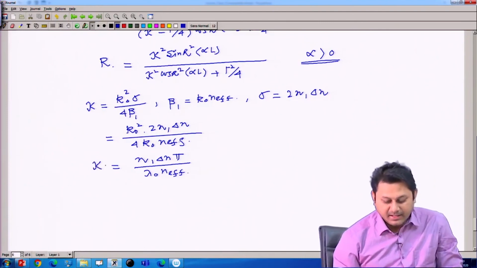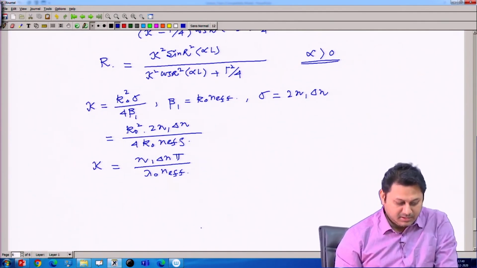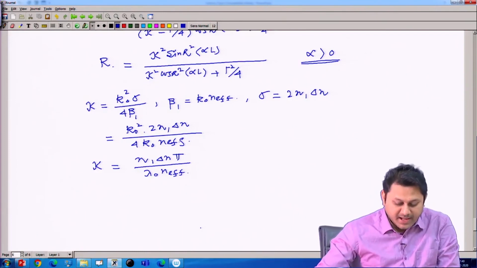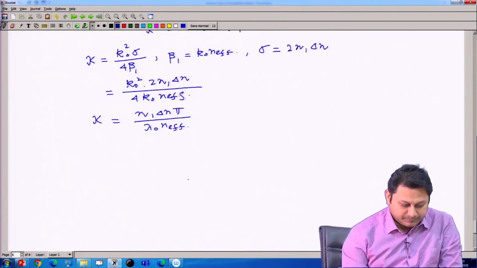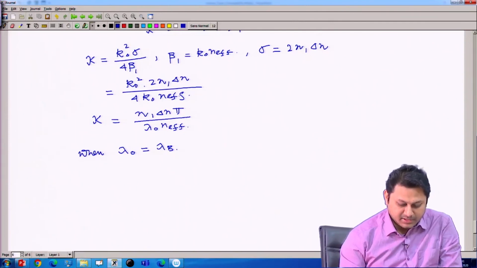So, normally n1, delta n, lambda 0 the operating wavelength, and n effective for the system are given. If these terms are given, then we can have a value of kappa. By the way, when lambda 0 is equal to lambda b, that means at the Bragg condition, then this quantity we know is n effective by lambda.